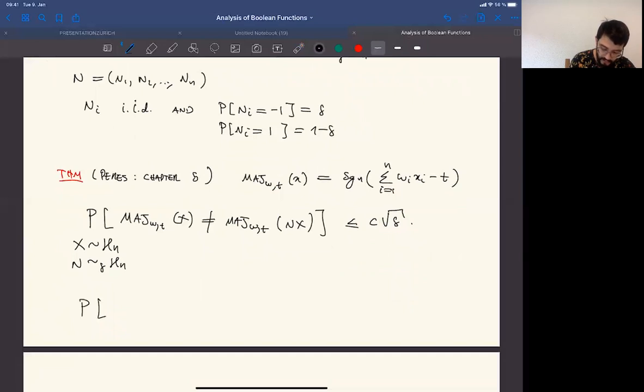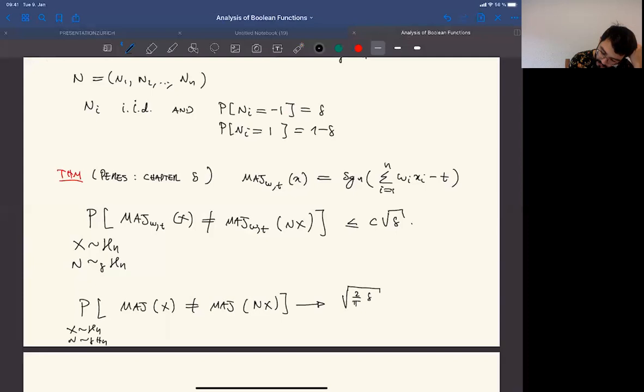This is best possible because if you just use the majority function without any weight and without any threshold, you can show, and you divide this by, you can show that this converges to, if I'm not mistaken, something like square root of 2 over pi, maybe it's 2 over pi.